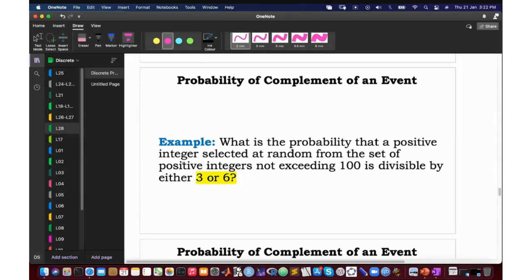What's the probability that a positive integer selected at random from the positive integers not exceeding 100, so numbers from 1 to 100, is divisible by either 3 or 6? So you pick a number from 1 to 100.